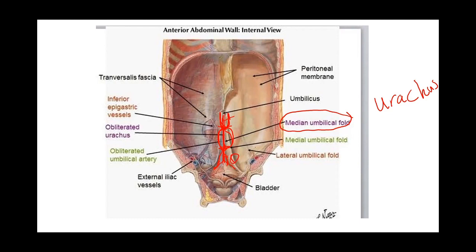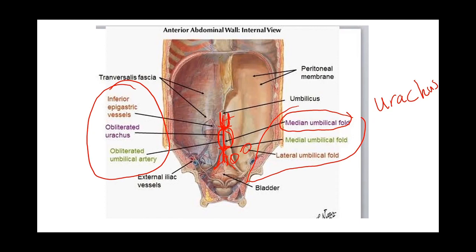You have the lateral umbilical fold, that is containing the inferior epigastric vessels. Now, on this side, you see the structures, and on this side, you see their content. The median umbilical fold contains obliterated urachus.